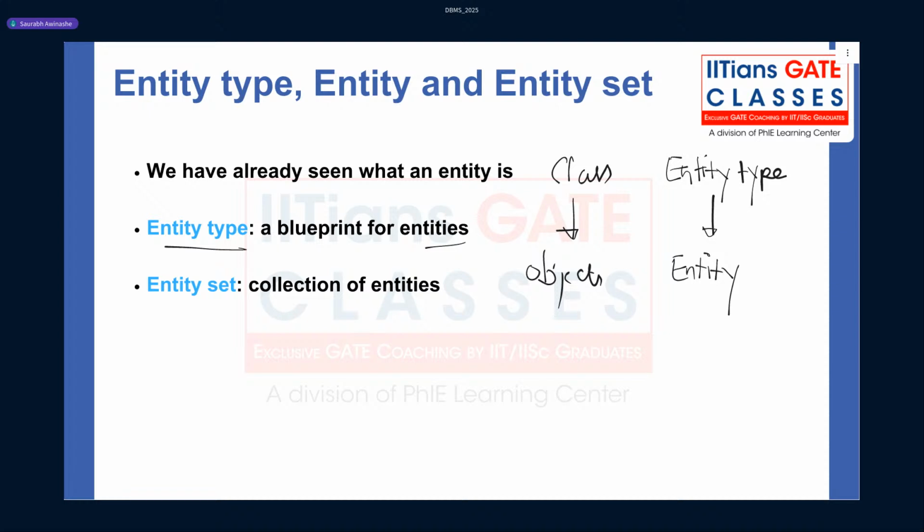Okay. So the next thing we look at is entity set. Your entity set is nothing but your collection of entities. Okay, so we'll look at an example and we'll try to make things clear. Okay, we have entity type, we have entities, and we have entity set.